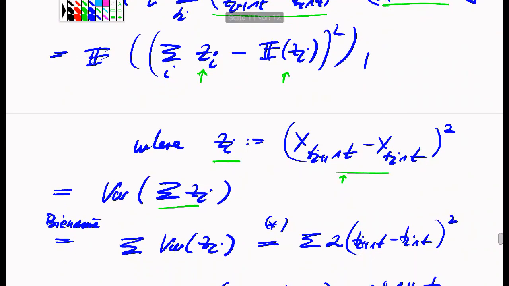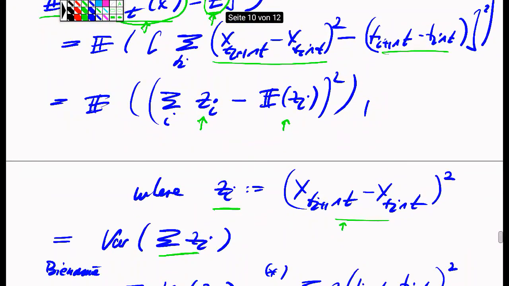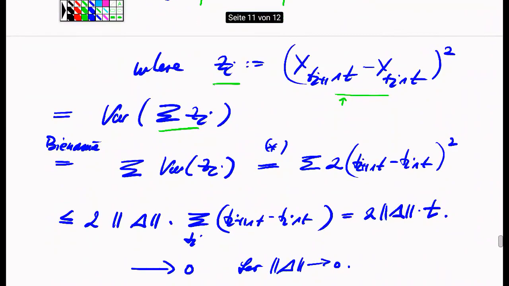And since the Z_i's are all dealing with the increments of the Brownian motion on mutually disjoint time intervals, by the condition of independent increments for Brownian motion, all these Z_i's are independent. So therefore, by the Bienaymé equality about the variance of independent sums, this is just the sum of the variances. Now, what is Z_i?